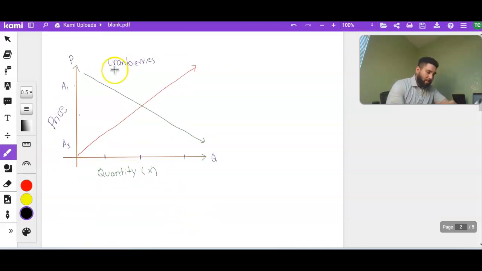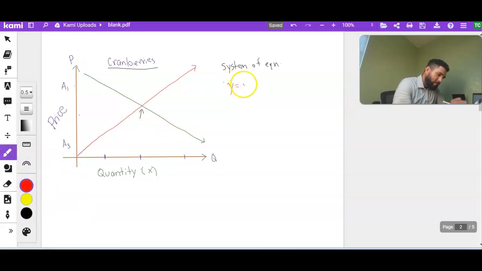Okay, so for the text connection, for the cranberries examples in the text, we could go over what it means for 2 lines to intersect. Okay, this would come down to system of equations, where you are when you find these 2 equations of a line. Let's say the red one is y equals mx plus b, and let's say the green one is represented like this: y equals m1 x1 plus b1, right?